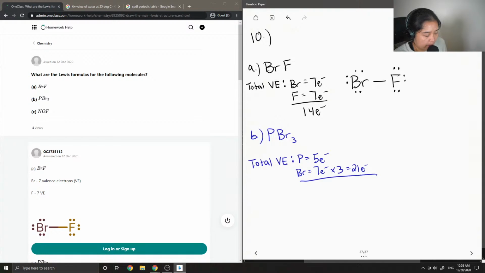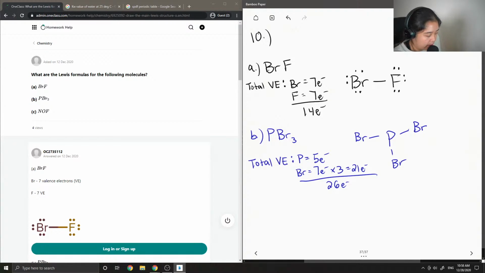So 21 plus 5 is equal to 26 valence electrons. So I'm going to draw phosphorus as our central atom, and then I'm going to draw the 3 bromine atoms around it.